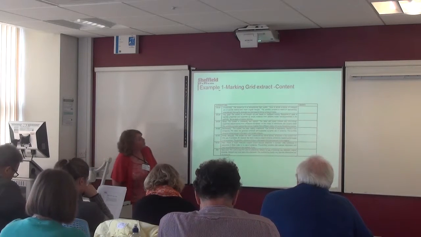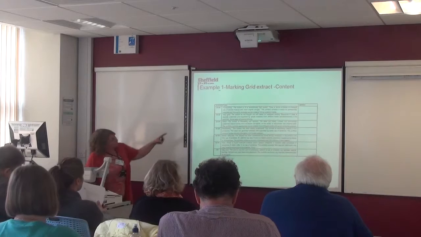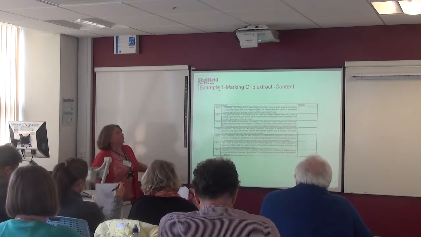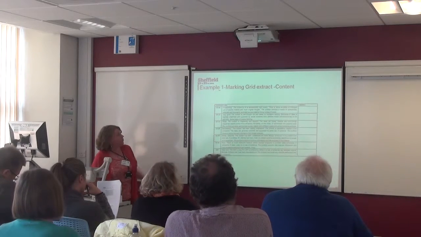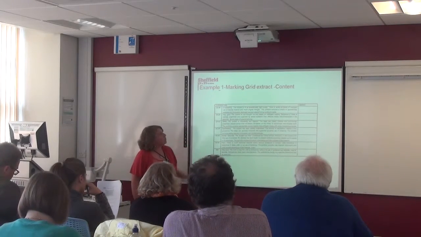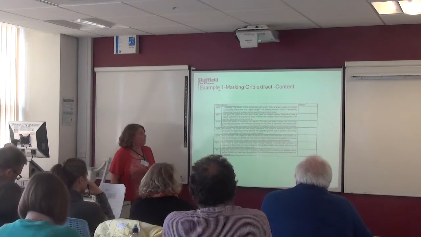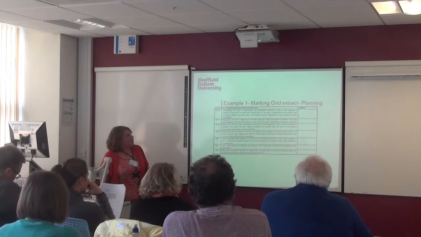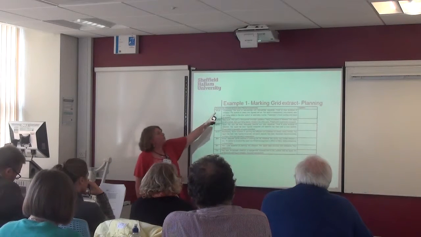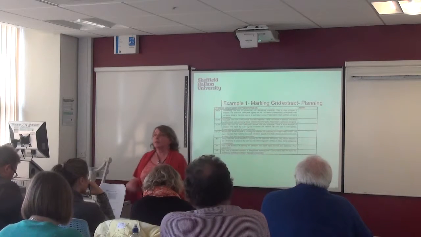And then the criterion grid. I don't know if you can see that very well, but you can see that there's one criterion grid. You've got content, it's important. So the criterion grid does actually give them guidance as to what a good portfolio might look like under the different bands. And then what's important there is that the planning, organisation and presentation are included.